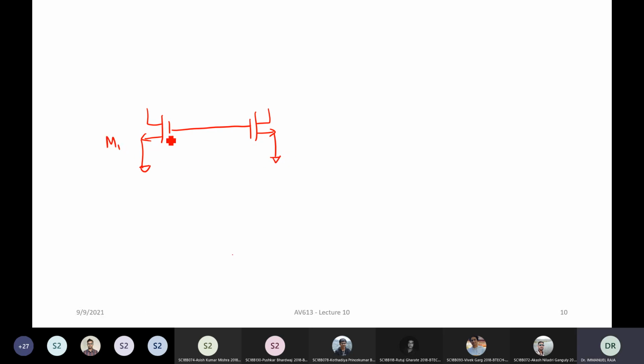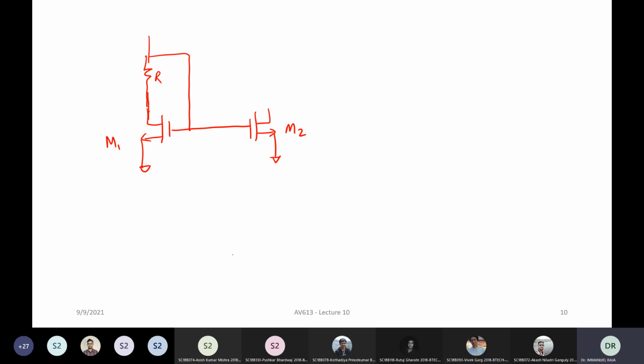Okay, M1 and M2. Now the problem is, because you're diode connecting here, right, you are having same VDS, VGS equal to VGS. Now what happens if you do this diode connection in such a way that I'm just going to put one resistor here and I'm going to diode connect like this. Now what happens to my VDS1?